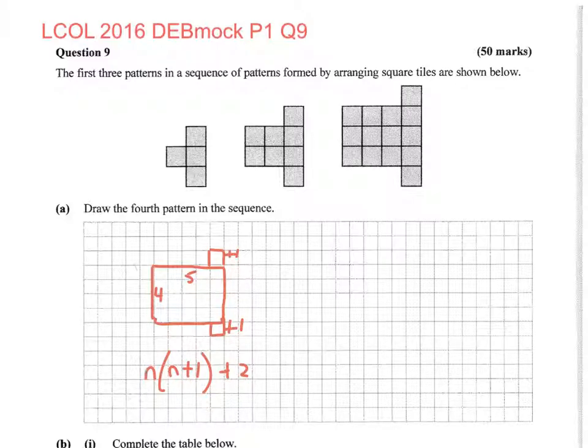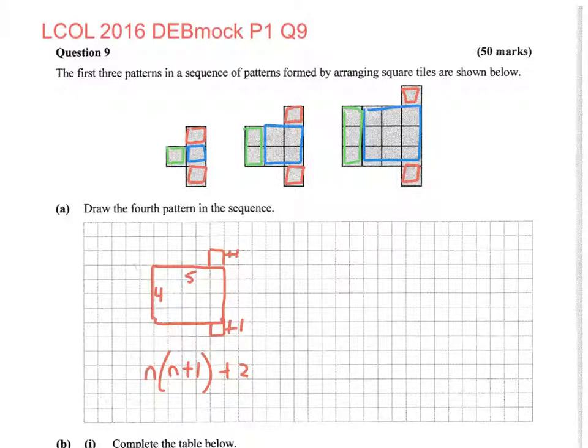Now, there's another way of looking at it, and if you break down the shapes, I'll draw on top of the original drawings. You've got a square of 1 by 1, 2 by 2, 3 by 3. You've got your initial squares above and below, which makes your 2, adding on 2. And then here at the side, on the left hand side, you've got a 1 by 1, a 1 by 2, a 1 by 3.